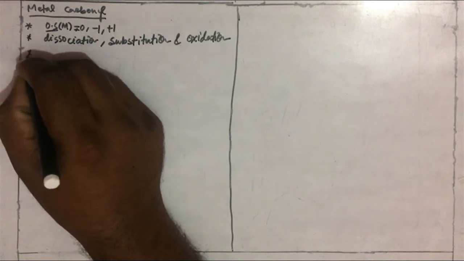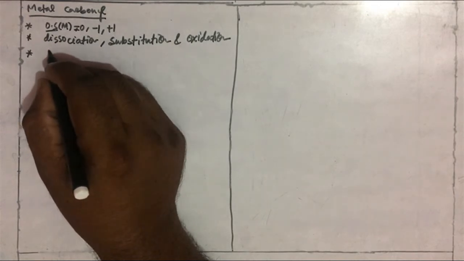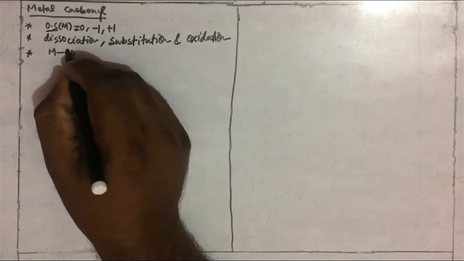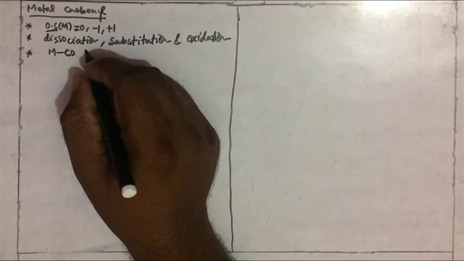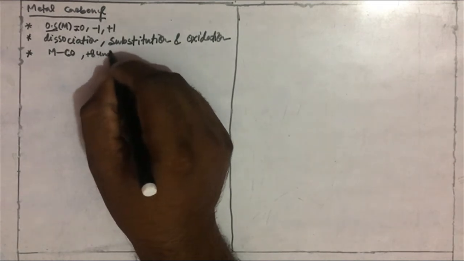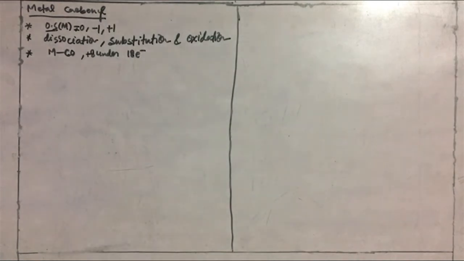This third point is very important. When CO coordinates with a metal, it undergoes the 18 electron rule. So what is the 18 electron rule?